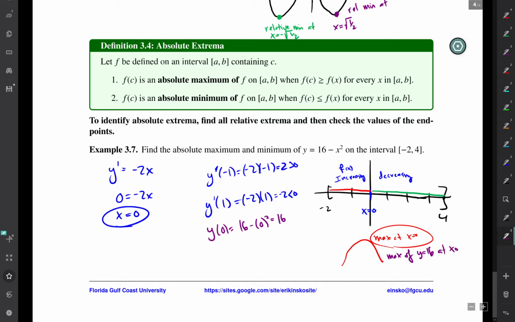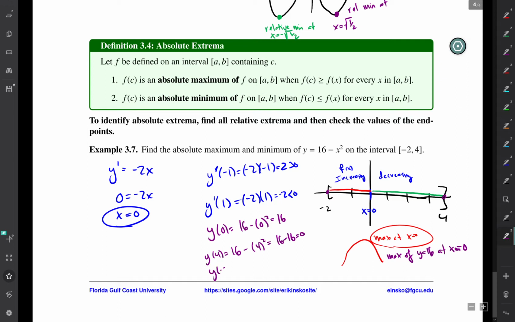at x equals 0. And now we need to figure out which one is smaller, y of 4 or y of -2. If you take y of 4, you get 16 minus 4 squared, which is 16 minus 16, or 0.